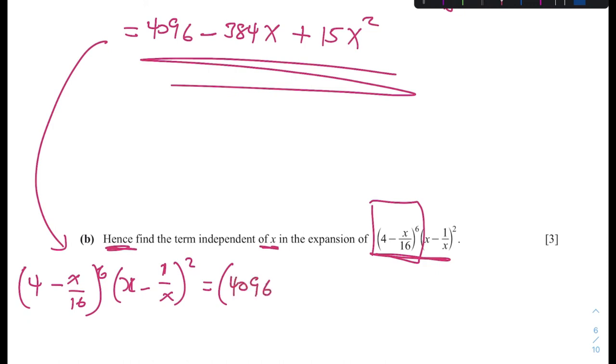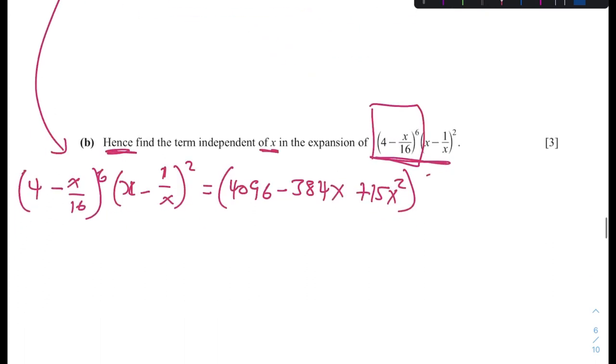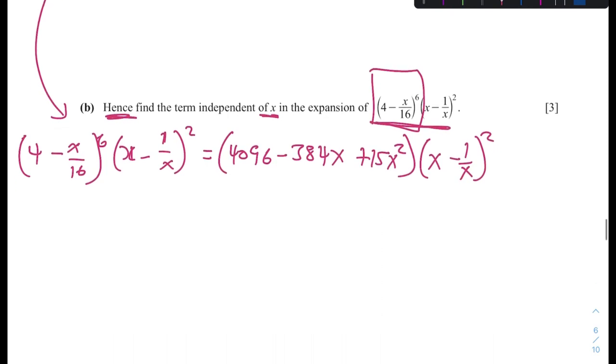We got 4096 minus 384x plus 15x squared. And then this guy is what we're about to expand. But we can expand that guy easily and then know what we are dealing with, okay?